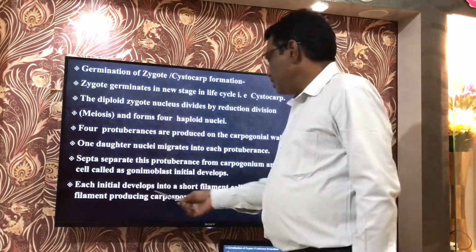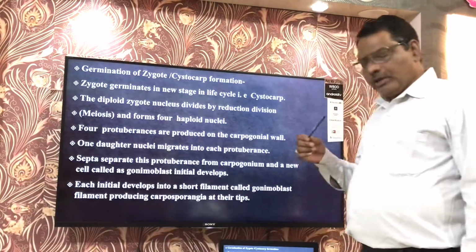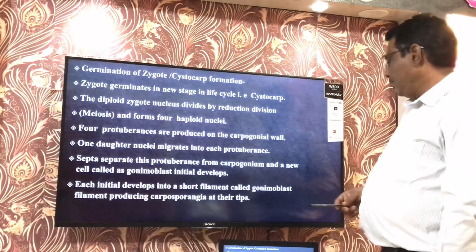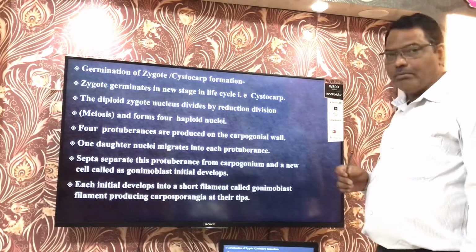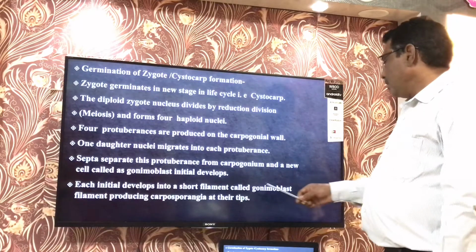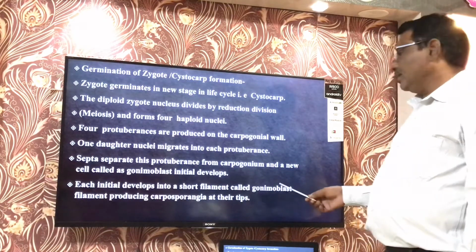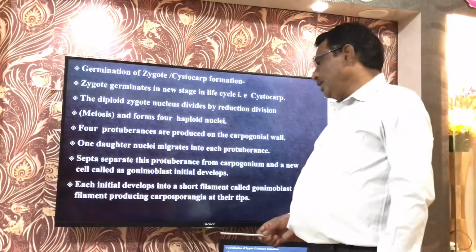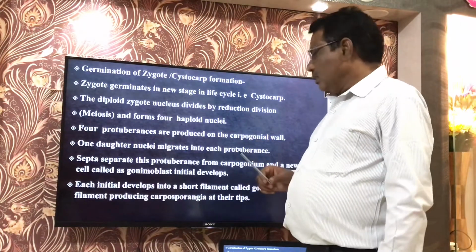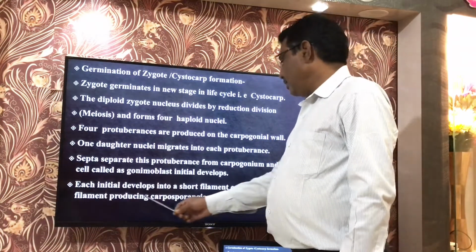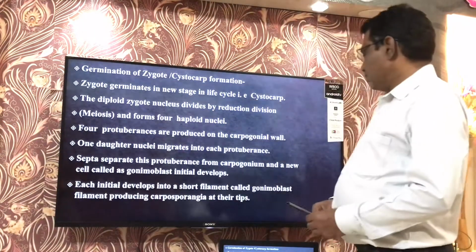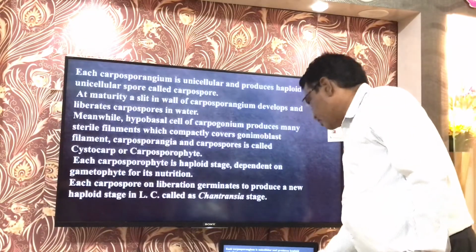Each such initial develops into a short filament due to repeated mitotic division, and such a short filament is called a gonimoblast filament, and the apical cell of this gonimoblast filament produces carposporangia at its tip.